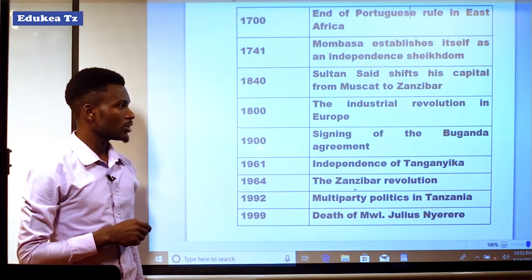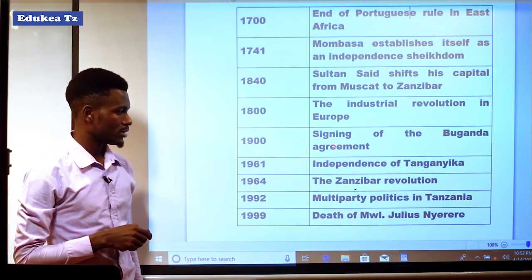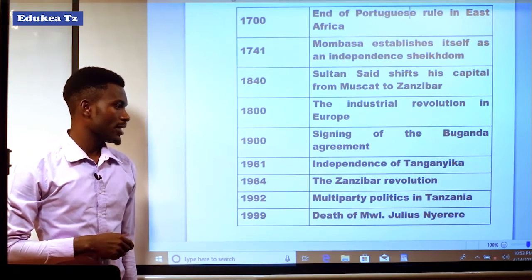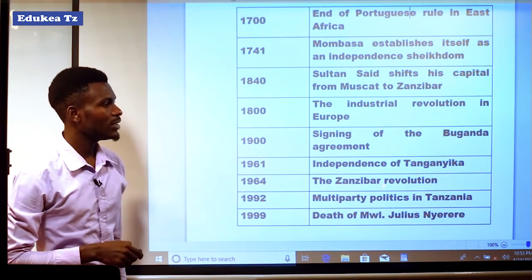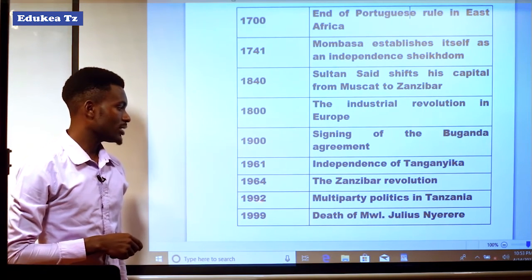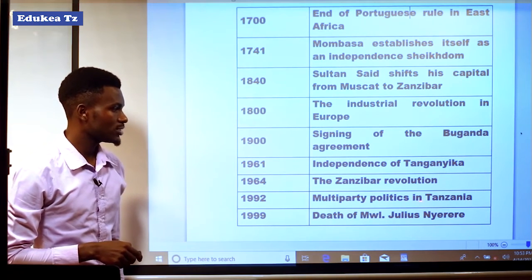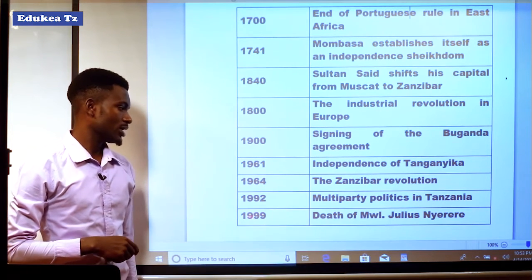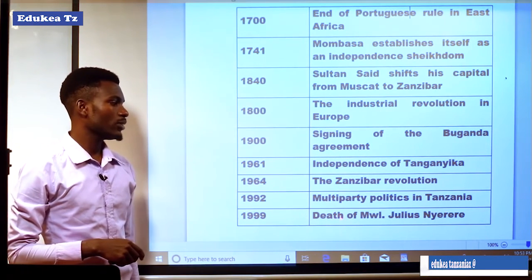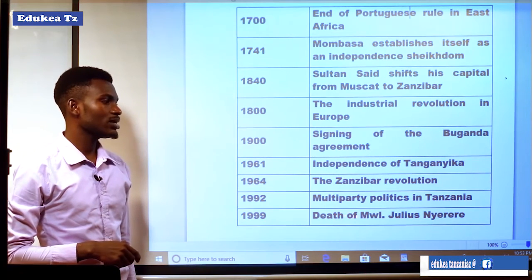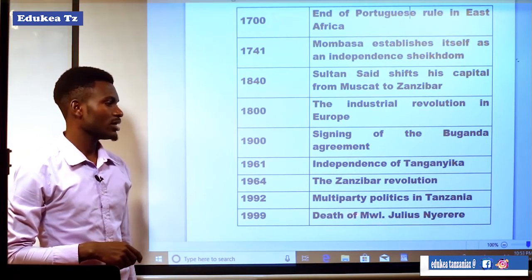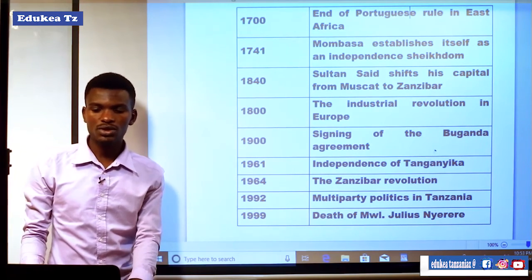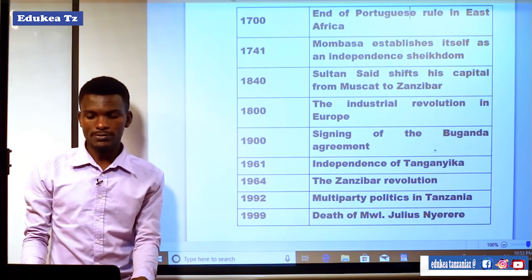In 1900, signing of the Buganda Agreement. In 1961, independence of Tanganyika. 1964, the Zanzibar Revolution. 1992, introduction of multiparty politics in Tanzania. And in 1999, the death of Mwalimu Julius Kambarage Nyerere. So this is the time chart showing the events and their dates.